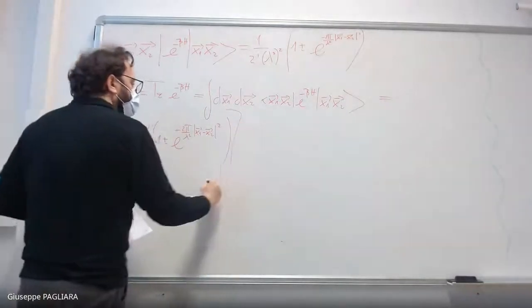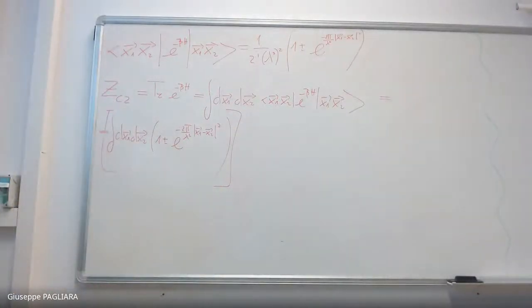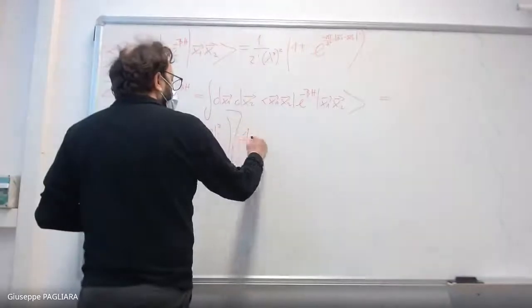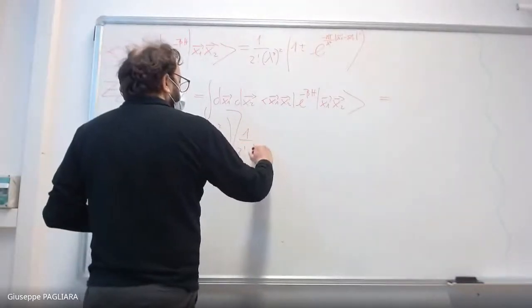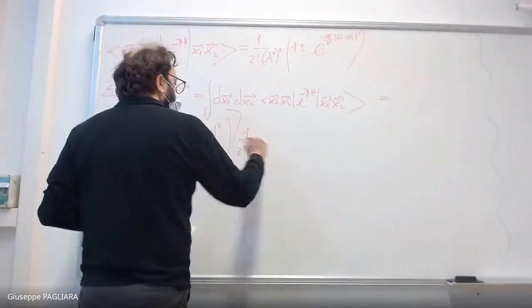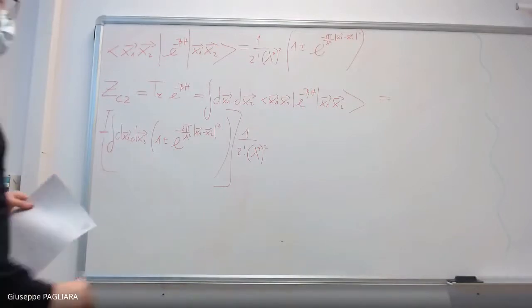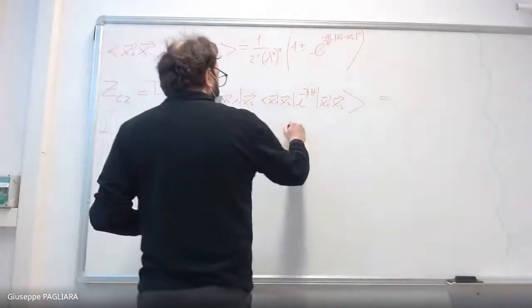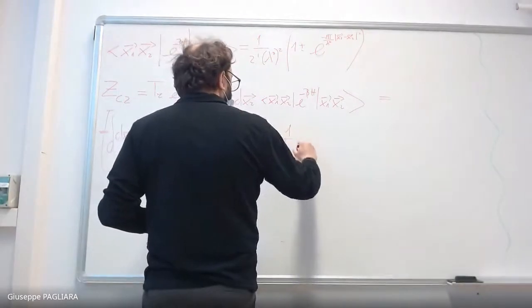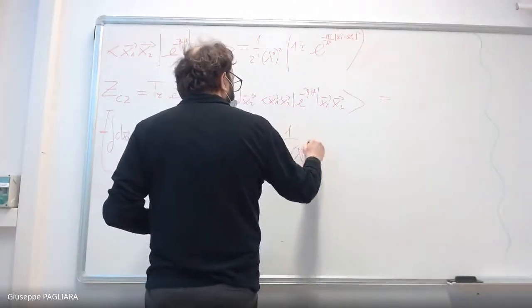And I have an overall factor of 1 over 2 factorial lambda 3 to the power of 2. Okay. Now this is equal to 1 over 2 factorial lambda 3 to the power of 2.